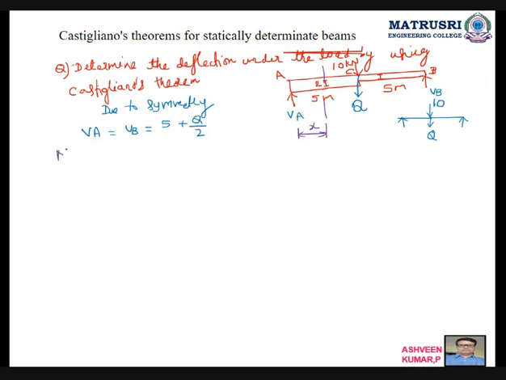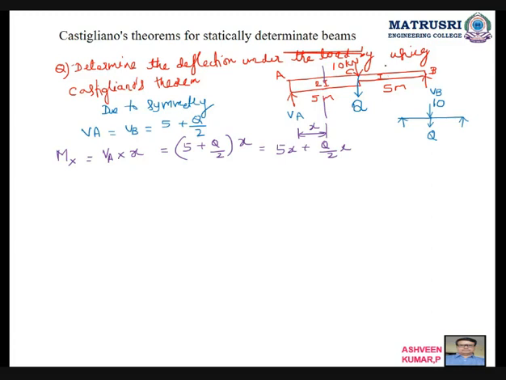So Mx, if I am writing, Mx is equal to VA into x, that is 5 plus Q by 2 into x. So that we can write as 5x plus Q by 2 x.